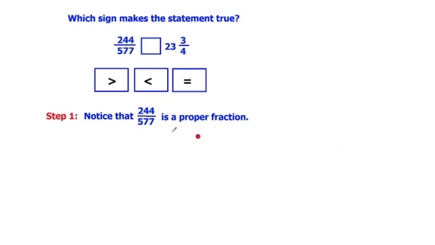So step one is notice that 244 over 577 is a proper fraction. You're probably asking yourself, well, these are huge numbers. Well, it doesn't matter, because 244 over 577 is smaller than the denominator, right?